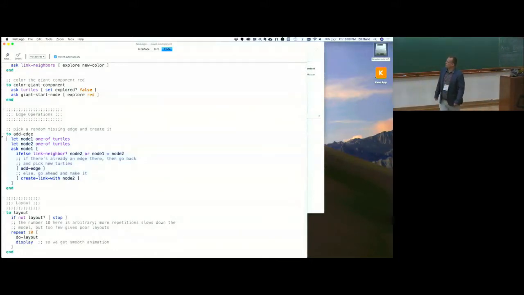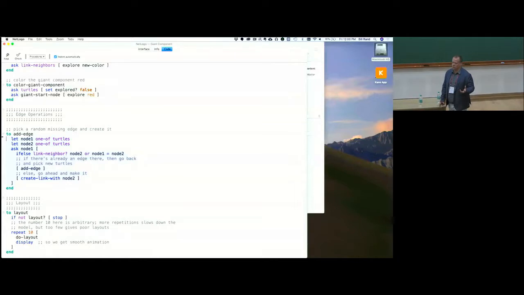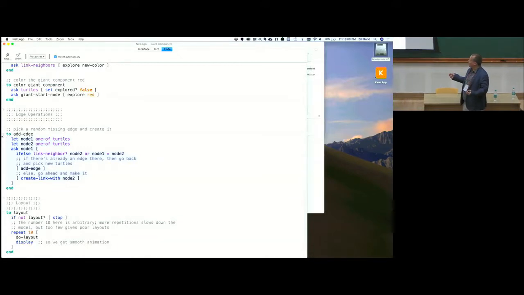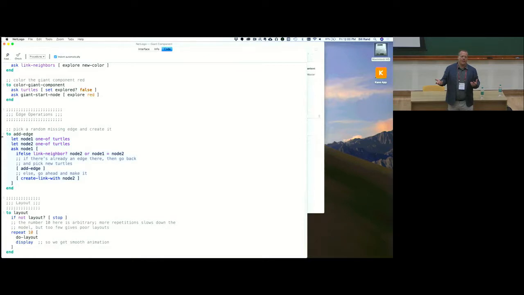We choose one of the turtles to be node 1, one of the turtles, those are what the nodes are, by the way, we'll get into that discussion later. One of the turtles to be node 2, and we ask node 1 and its neighbor: if they don't already have a link, create a link. That's all it does. We're just choosing one randomly each time. So it is very Erdős-Rényi in that sense.